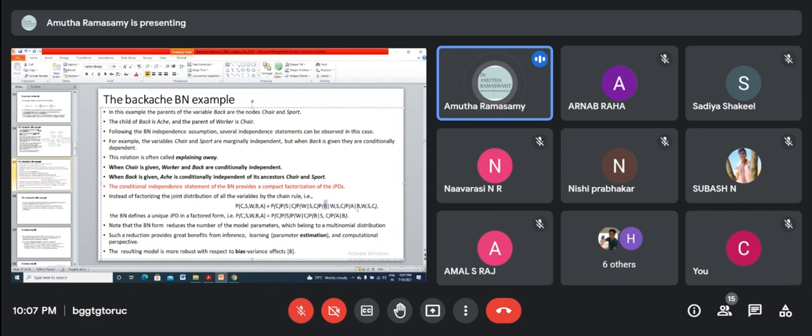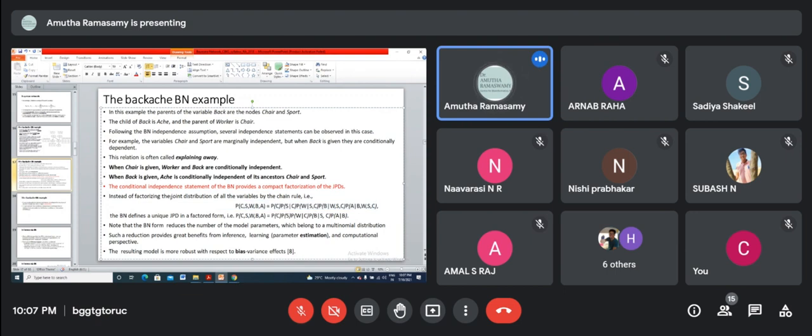After knowing all these three, W, S, C, you are going to understand A. So every term except P of C is dependent on other variables: having the knowledge of chair, then sport and chair, then worker, sport and chair, then back, worker, sport and chair. Correct?